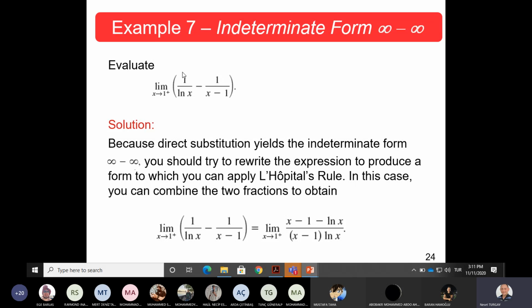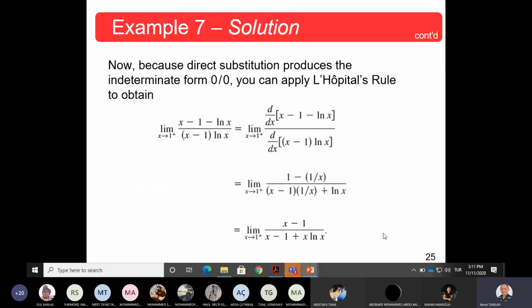This is the question, and the answer starts with this. These are the steps. If you do this calculation, this is 1 over x. Like this means x times x minus 1 over x. The answer of this is x minus 1 over x.